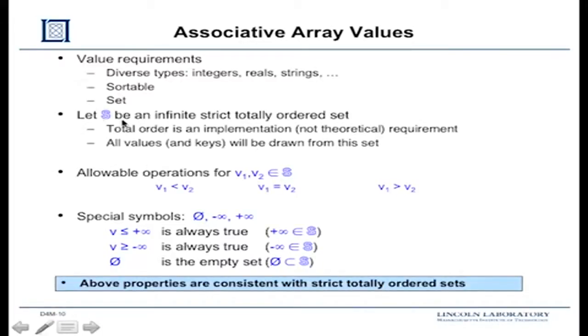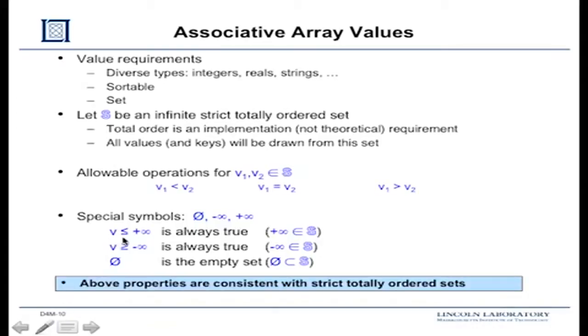All values and keys are drawn from the set, and the allowable operations on two values or keys are less than, equal to, or greater than. Those are the three functions that we essentially allow. A strict totally ordered set only has two, less than and less than or equal to, but you get the third one for free. In addition, we have three special symbols: the null, the empty set, a least element in the set, and a maximal element of the set.